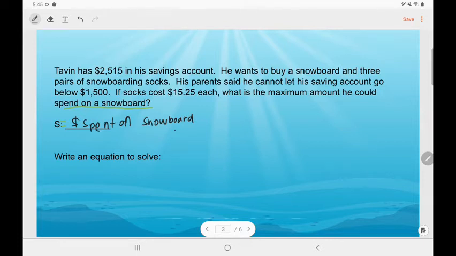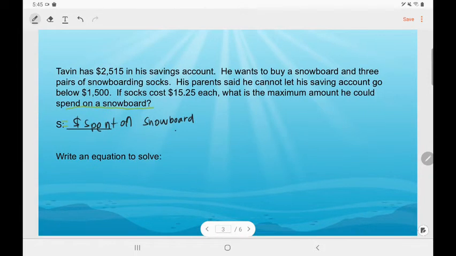So to start with, if there is any beginning amount, I'm going to start with that. So I do have a starting amount. Tavin starts with this much in his bank account. So here I go: 2515. Now, is his bank account increasing or decreasing? Well, if I'm buying stuff, it's going to go down. And what is he buying? And what is his bank account changing by? Well, he's buying a snowboard.